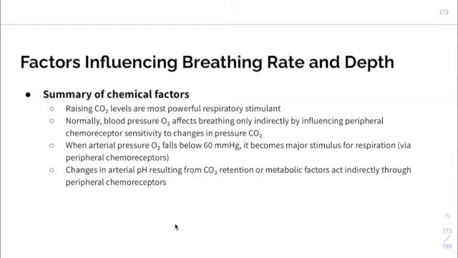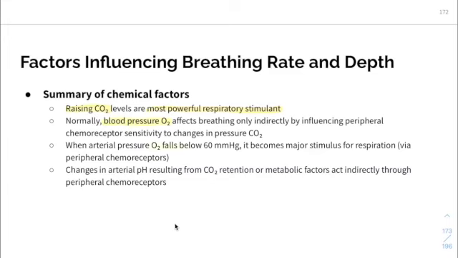So this slide just kind of summarizes. We have rising carbon dioxide levels. That's going to cause you to breathe deeper. Our blood pressure, our oxygen, decreasing levels necessarily won't change it, but a severe drop in oxygen levels will change our respiratory rate.